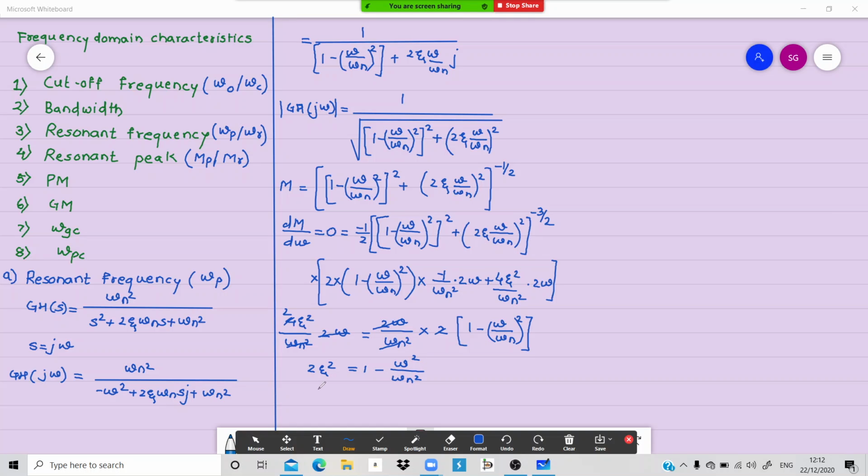So if I take this thing on this side, omega square is equal to 1 minus 2 zeta square, and omega n square, which was in the denominator, will multiply it. Now what is this omega? When the maxima is there, definitely it is omega p, where omega is equal to omega p. Correct? So it's substituted.